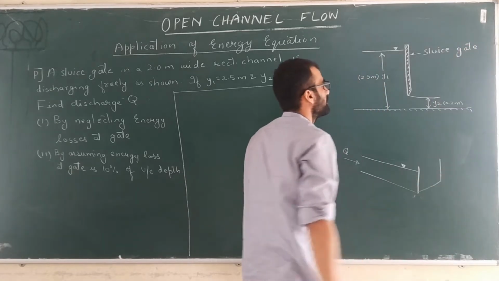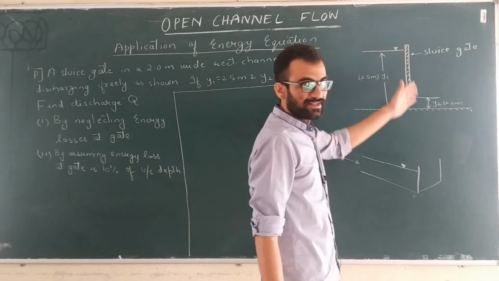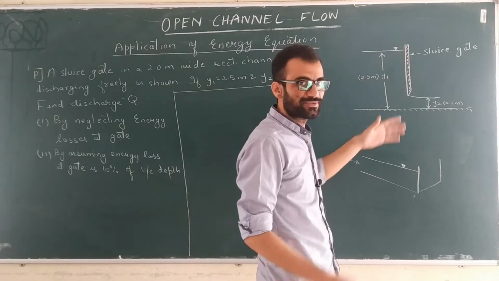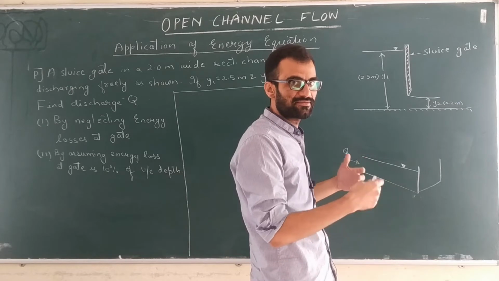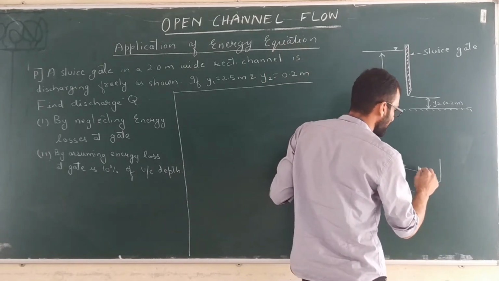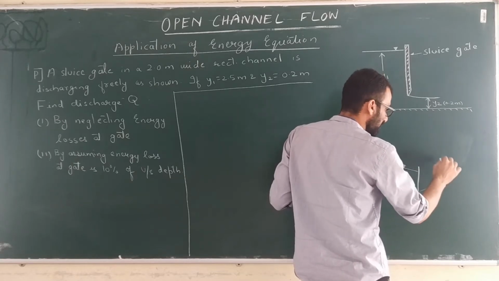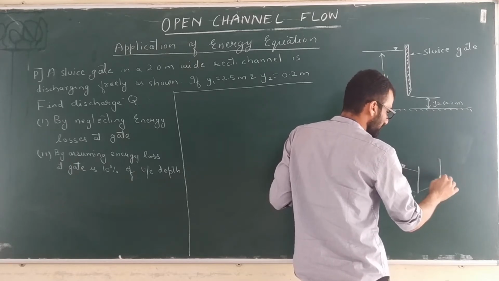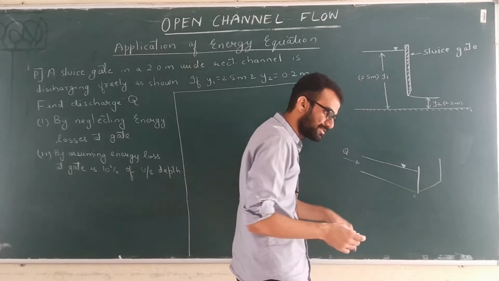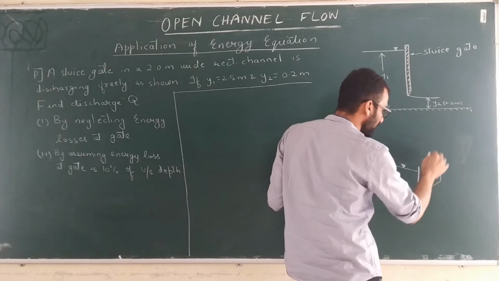Now what is a sluice gate? Basically a sluice gate is a plate made of some strong material, say metal, which can withstand the hydrostatic pressure, and that plate is inserted along rails. Along these edges we have rails installed, and along the rails the metal plate can move.